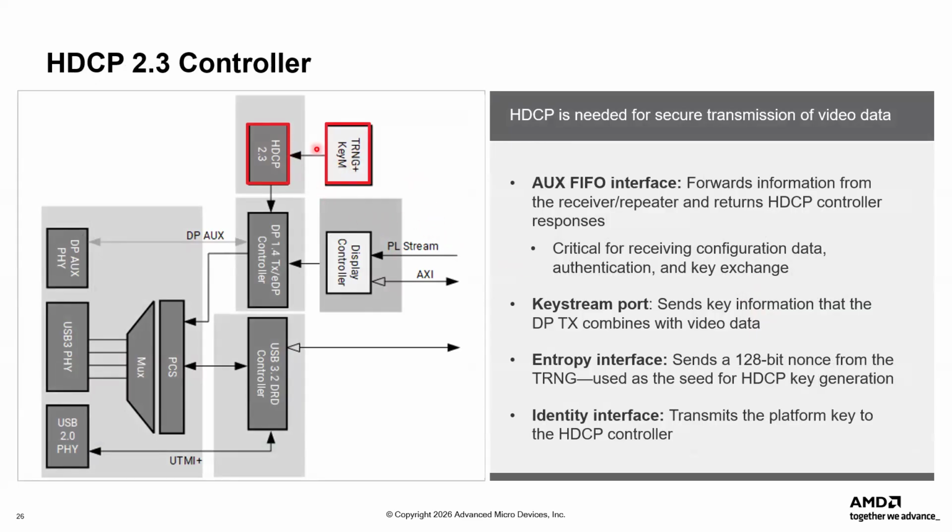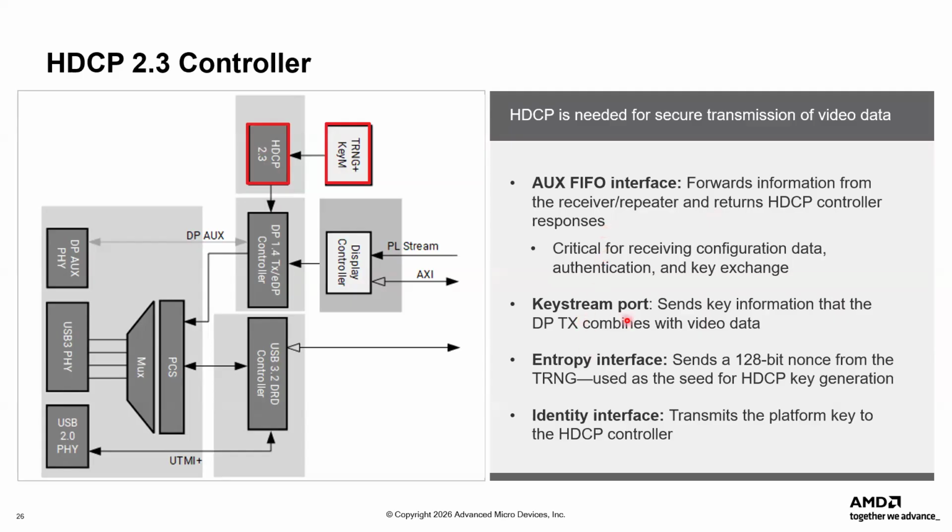So just a little bit more detail on this. If you did need to do a secure transmission of the video data, then that's where this resource comes in. So this forwards information from the receiver or repeater and then basically returns specific output to the controller.